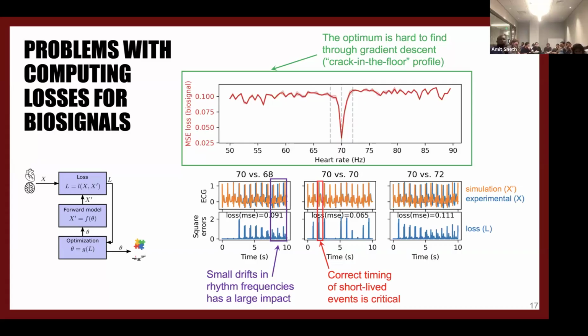Again, it's with ECG. Here I have a profile of how my loss varies as a function of some parameter, here heart rate. That kind of loss profile, I'd characterize it as a crack in the floor, in the sense that there's no gradient, right? It's basically a flat surface. And just when you get very close to the optimal solution, it does like a crack, right?